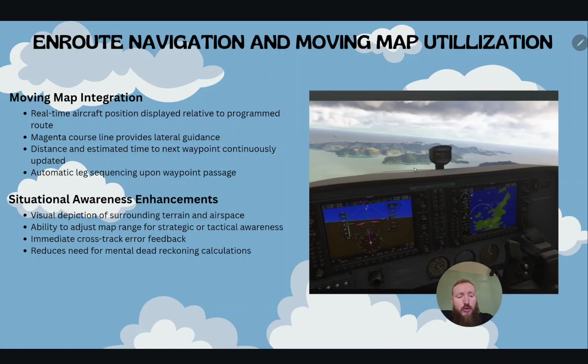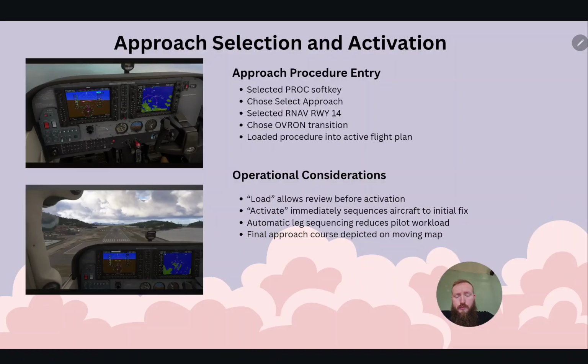It lets you know, hey, you're drifting a little bit, come back over here. Reduce the need for mental dead reckoning calculations. So instead of having to worry about exactly where you were and staying on that flight path, you just got this little guy right here that helps you stay on, and the little thing in the center, if it starts drifting, you just adjust to keep it centered. So that's really useful.